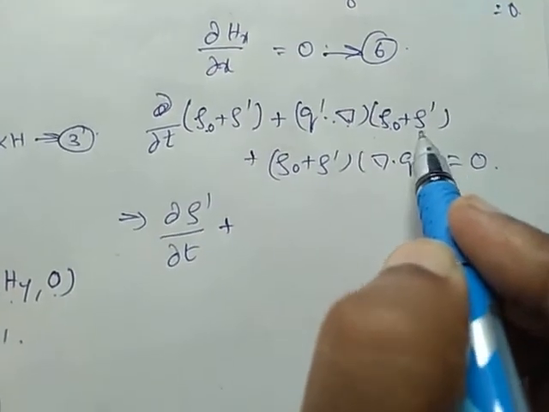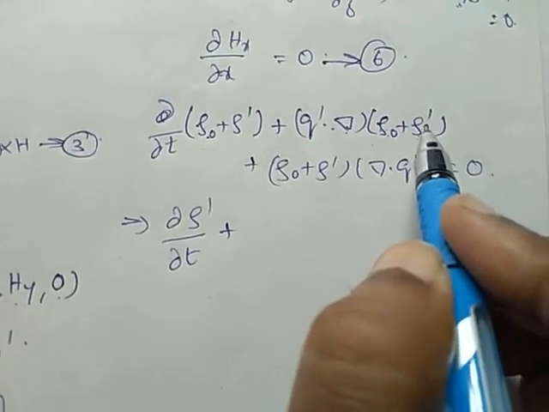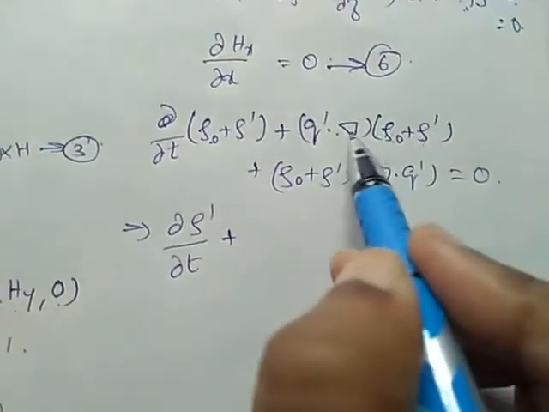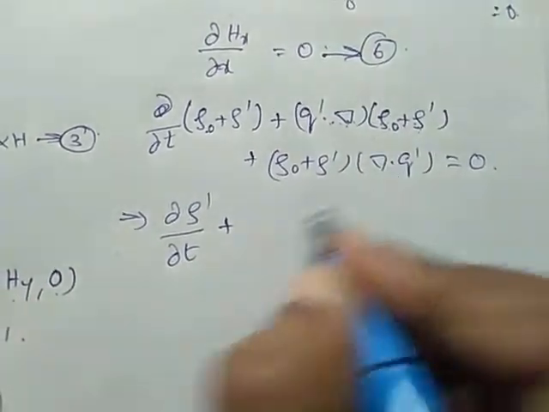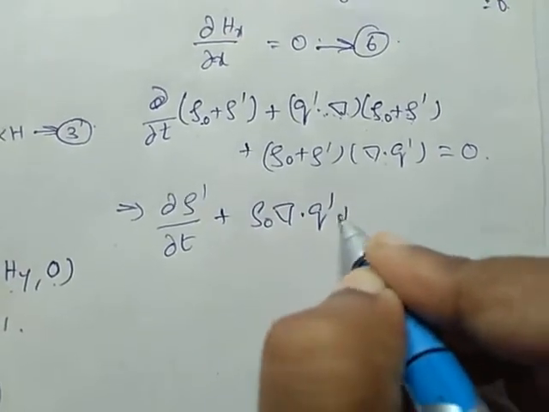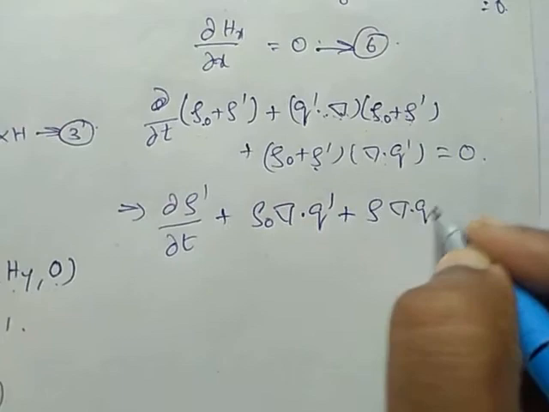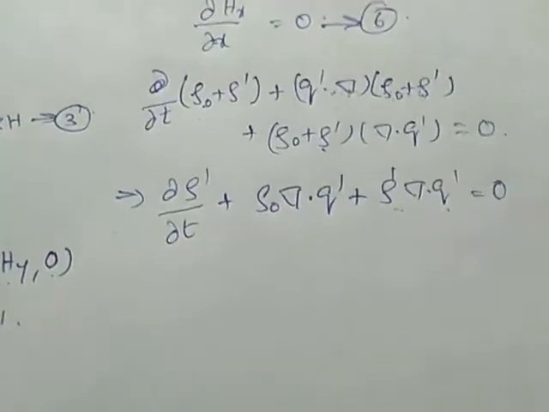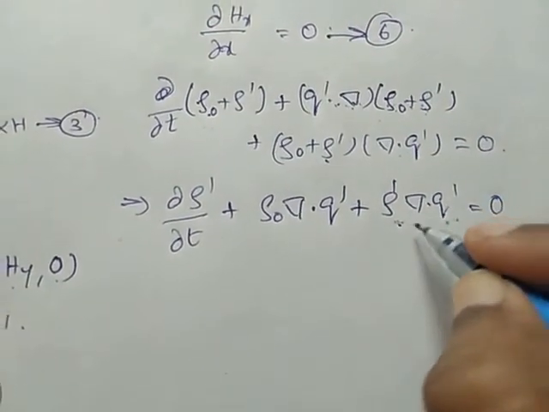Similarly, differentiation of rho dash with respect to x or y or z is also 0. So we are not going to get these two terms. Here we will get rho naught del dot q dash plus rho dash del dot q dash. Here it is a product of perturbed terms. Therefore this is neglected.